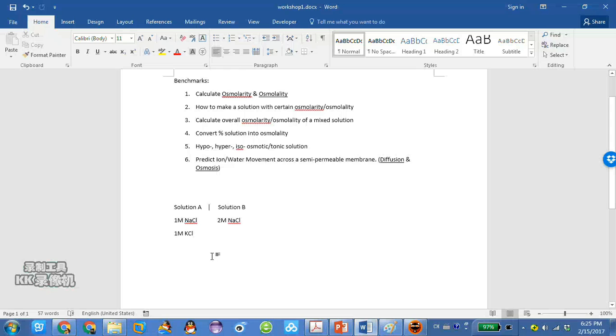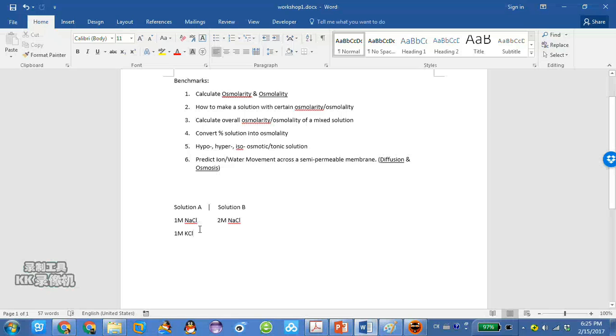Okay. In this scenario, if we want to know the direction of diffusion of sodium ion, does it move from solution A to solution B or from solution B to solution A? We don't have to look at the overall concentration of A and B. We don't have to compare them. We can just focus on the concentration of sodium ion itself.